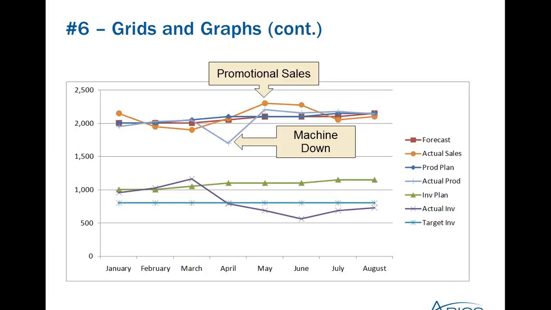Graphs are always good. One thing to look for when you do a graph is to try to make the graph so that if you're standing back looking at it, when the lines move up and to the right, that's a good thing, because that's pretty much how we're trained to look at things.